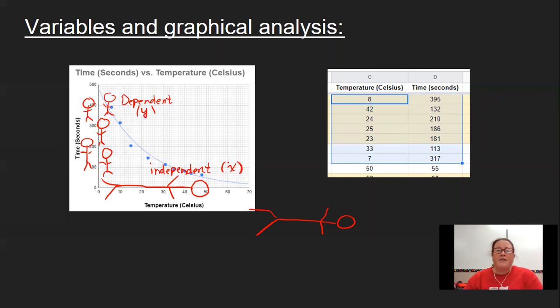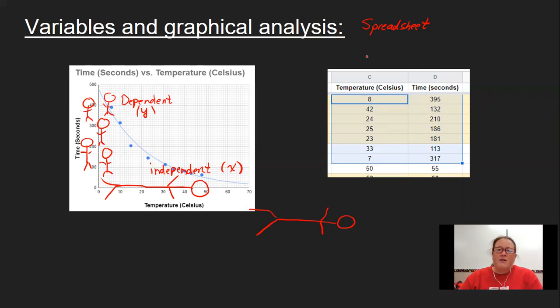So another thing, if you are graphing and we're using a spreadsheet to graph, the spreadsheet looks somewhat like this, and we often organize our data in columns.